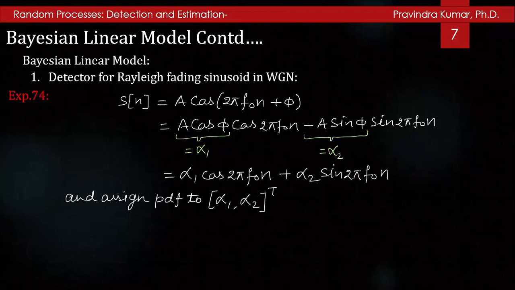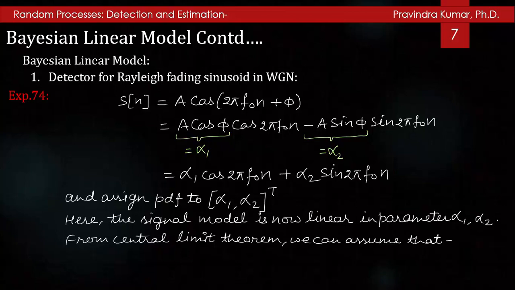So now we assign the PDF to alpha 1, alpha 2 transpose, and here the signal model is now linear in the parameters alpha 1 and alpha 2.